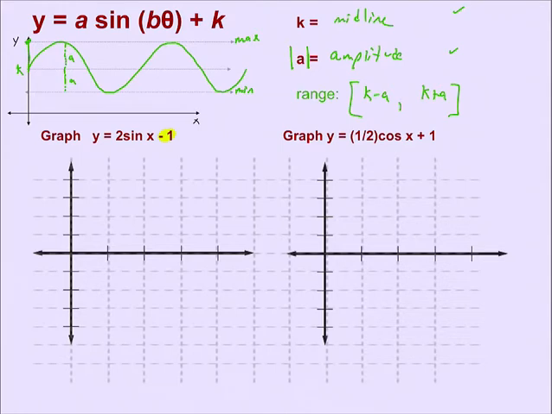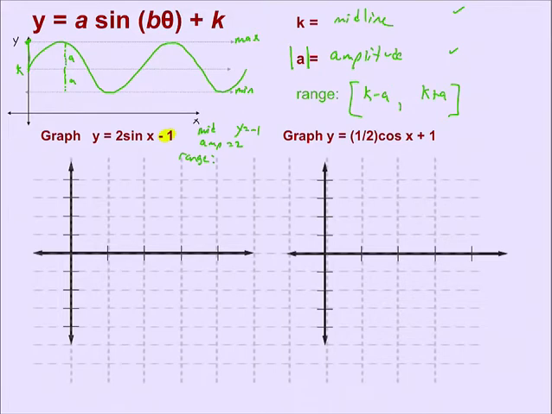So that's your midline, y equals -1, and then the amplitude is 2. So we can use that to identify the range. I want you to do those three things in that order every time you see a sine or cosine function: midline, amplitude, put them together to make the range.